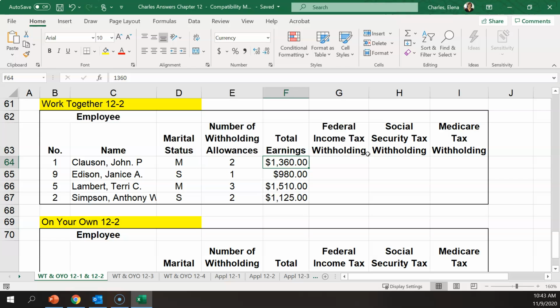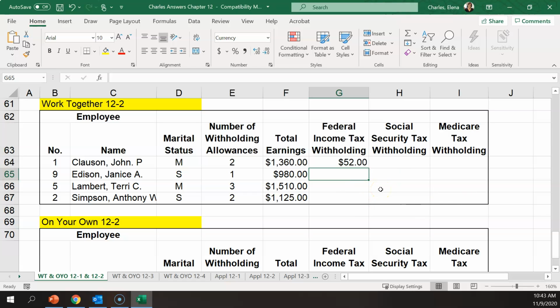It is at least $1,360, but less than $1,380, and he has 2 allowances. So if you slide over, you'll see that his federal withholding is $52.